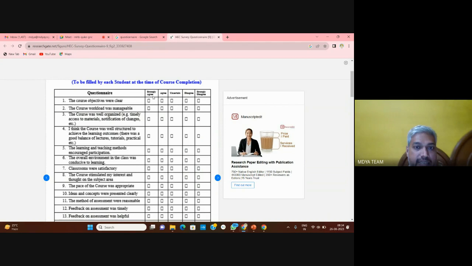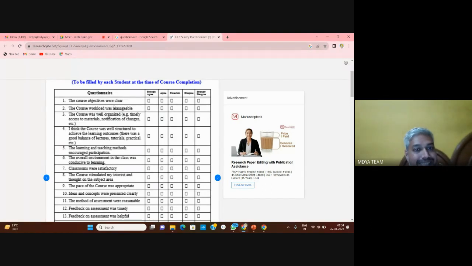This is a Likert scale. When the samples fill it and it comes to us, we give numbers to these points. Strongly agree has a different number, agree has a different number, uncertain, disagree, these have different numbers, and we calculate it through statistics, and finally we get our results.